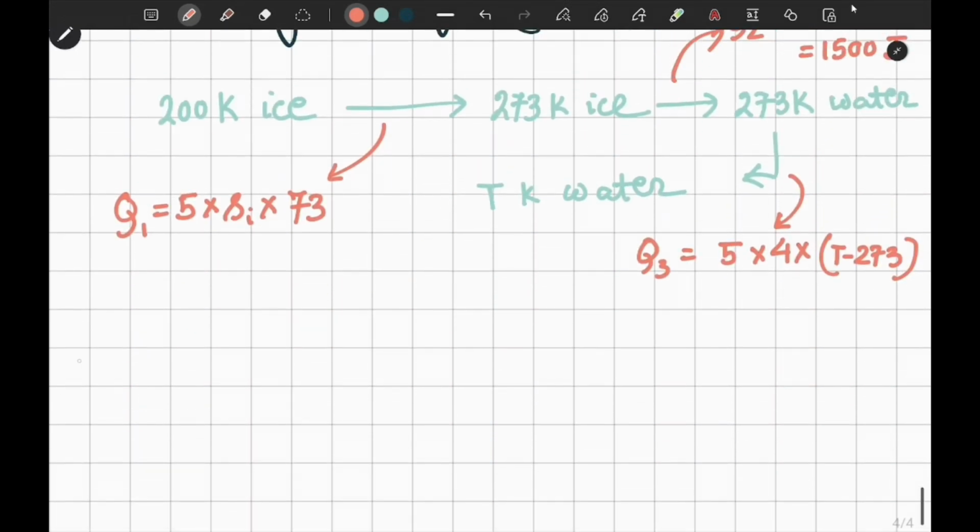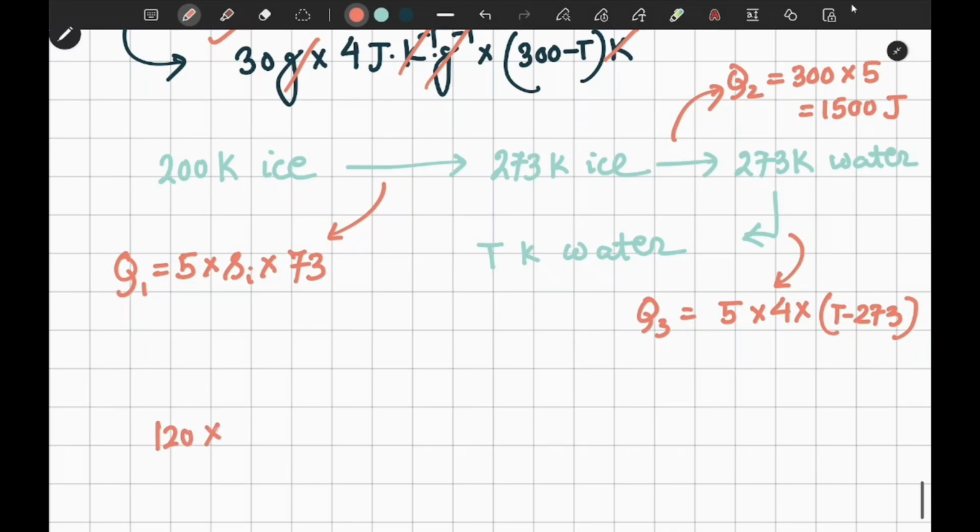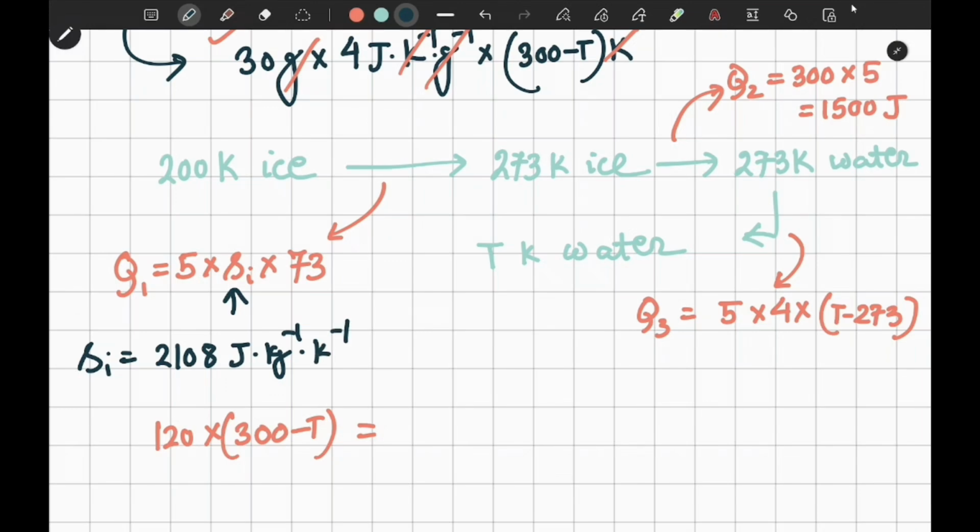Okay, so finally we can write the left hand side. On this left hand side, the unit will eventually go away. So it is 120 into 300 minus T, which should equal the sum of all these three. One thing left is S of ice, that is 2.108 in kilojoule. Let's say it is now in joule per kg per Kelvin, so for 1000 gram.